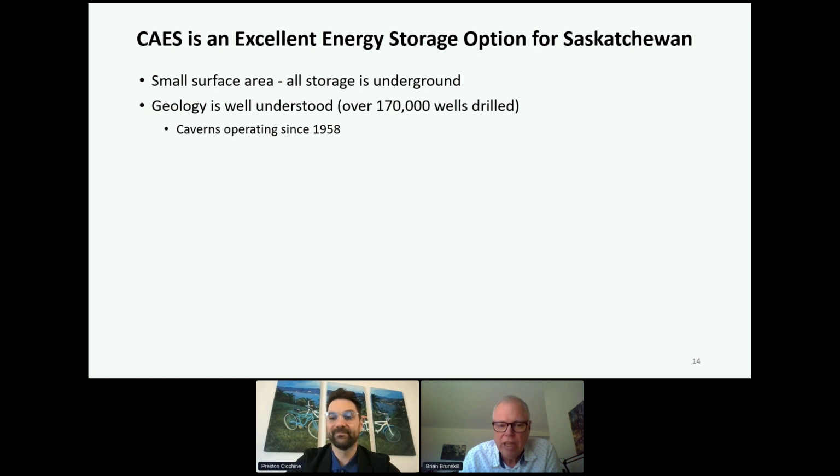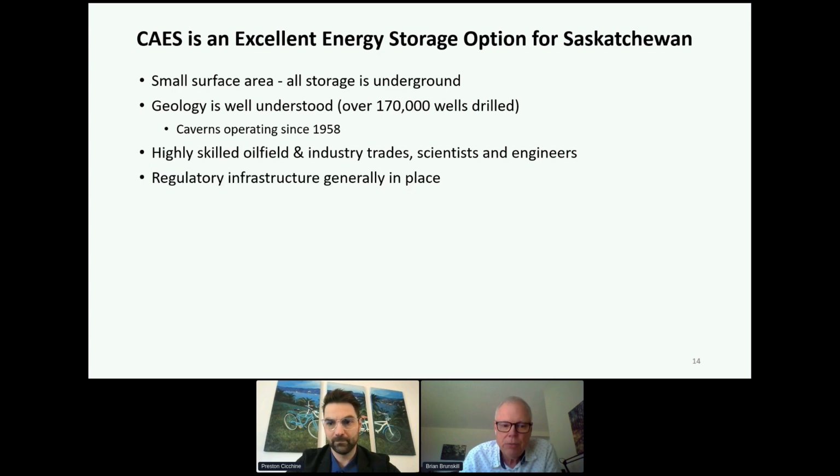We have drilled over 170,000 wells in Saskatchewan historically, and have been operating these caverns since 1958. We have highly skilled oil field industry trades, and the regulatory infrastructure is generally in place. These caverns are operating using combustible natural gas, of course, but in the case of compressed air storage, we're looking at atmospheric air, which is non-combustible.